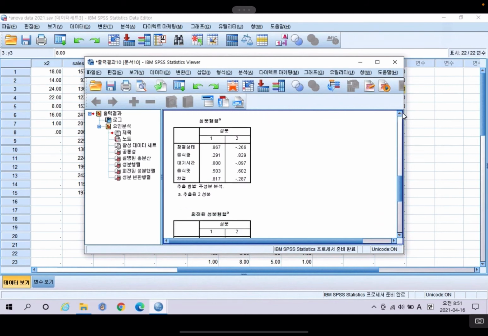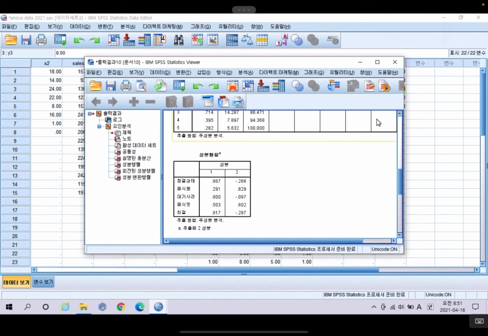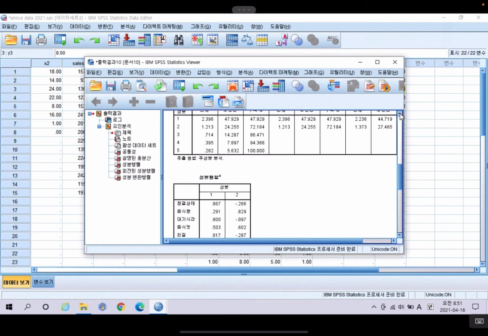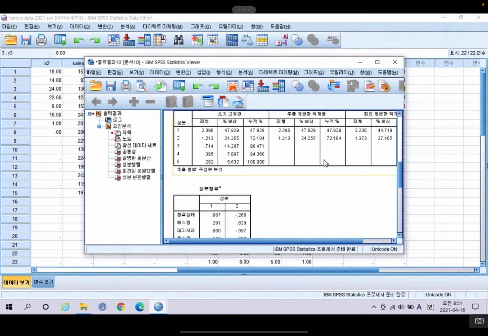So in this case, we have two factors here, right? 1 and 2. I'll explain why we have two factors, very soon. Actually, you look at the eigenvalues and you select factors which have an eigenvalue greater than 1, right?